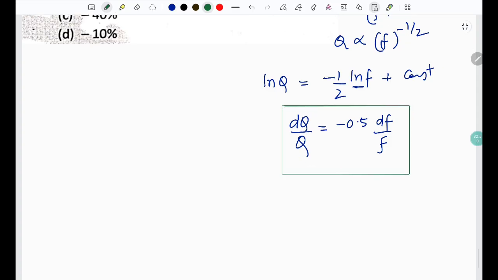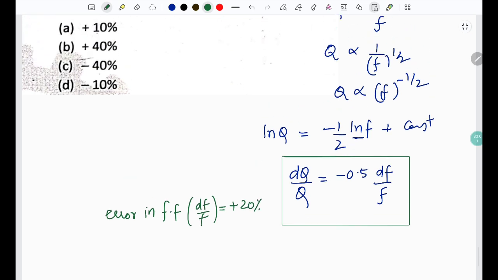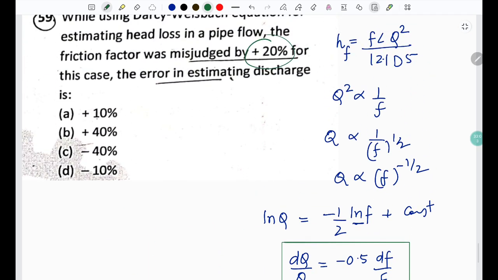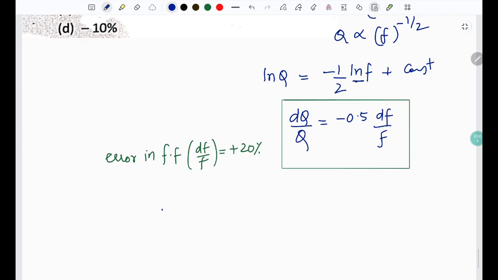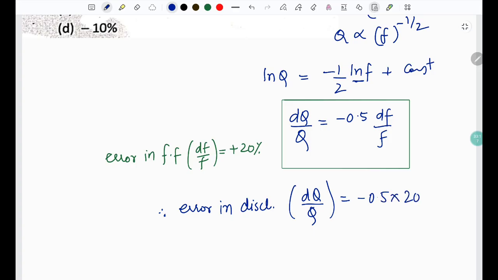Now it is said that the error in friction factor, that is df by f, is positive 20%. Therefore the error in discharge will be dQ by Q equals minus 0.5 times 20%.